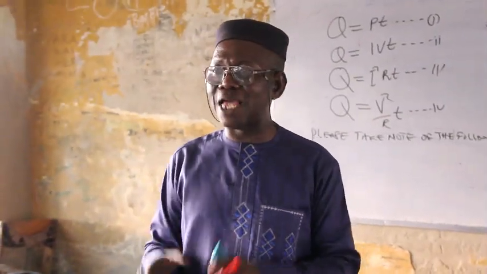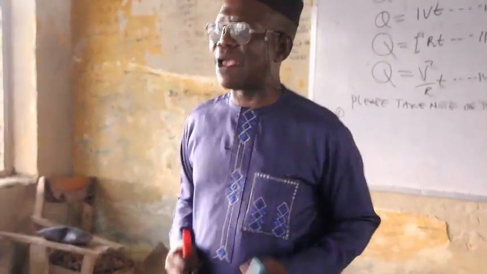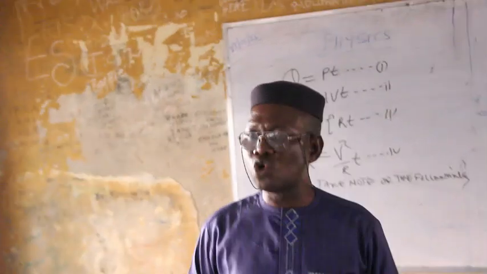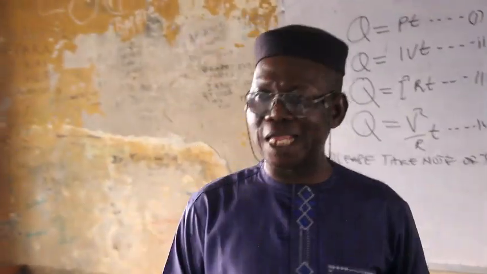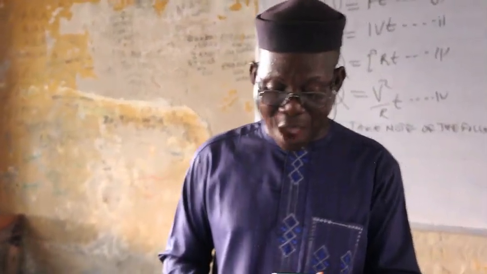So you should be able to identify in every question given to you which one has the higher temperature and which one has low temperature. Those that have low temperature will be the ones gaining. The one that has high temperature will be the one losing. So that's where we are going to take it up next class.